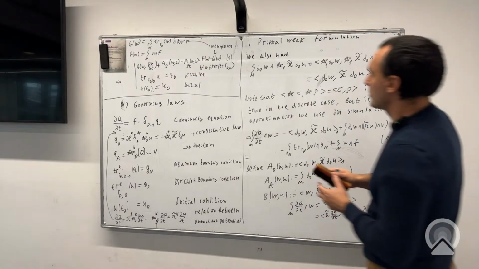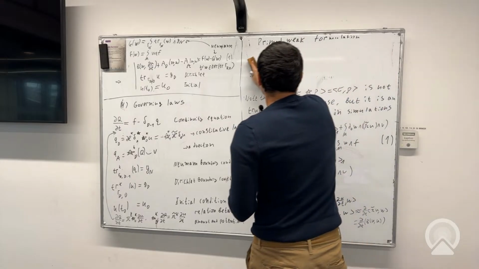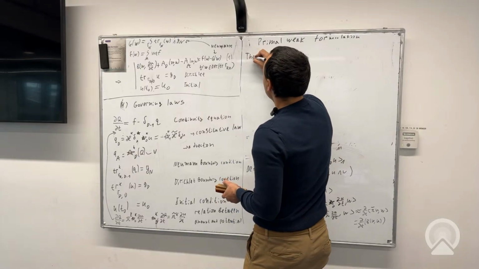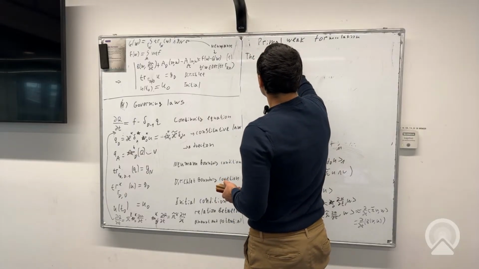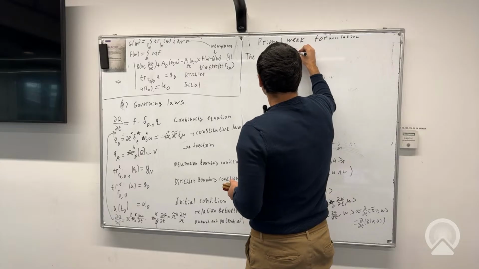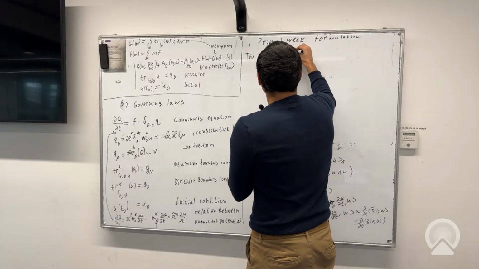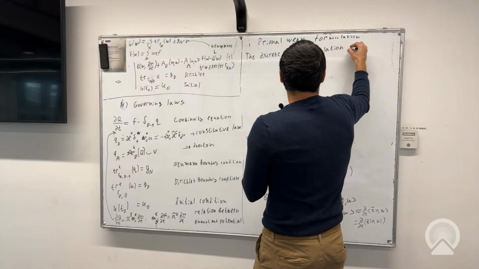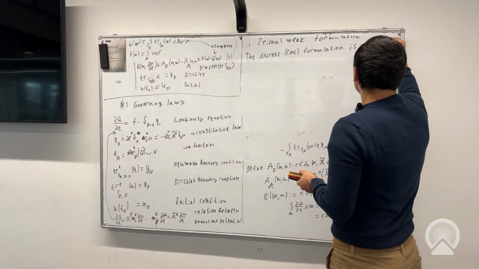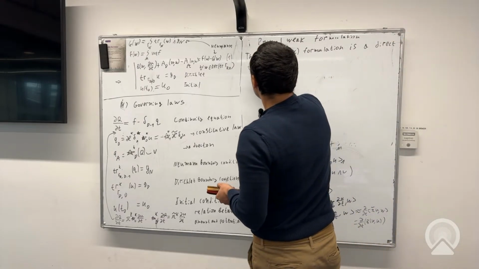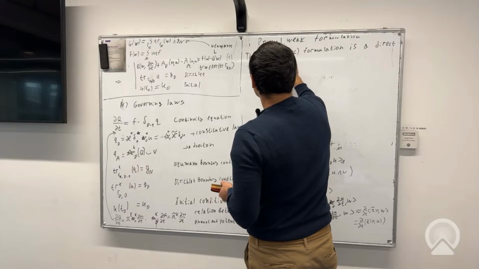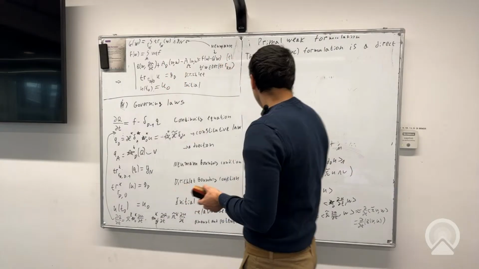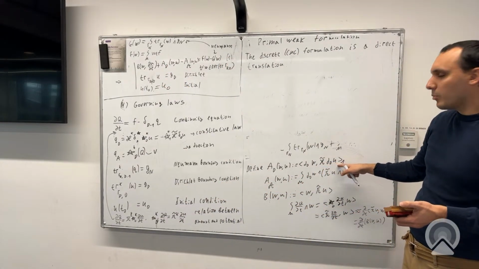So this is the continuous one, and the discrete formulation, so the CMC, is a direct translation. So this will be exactly the same, but the operators will be the discrete inner product.